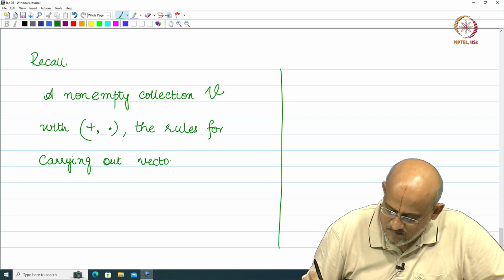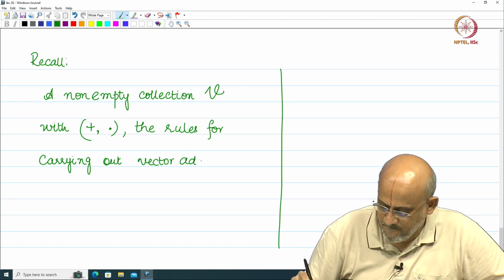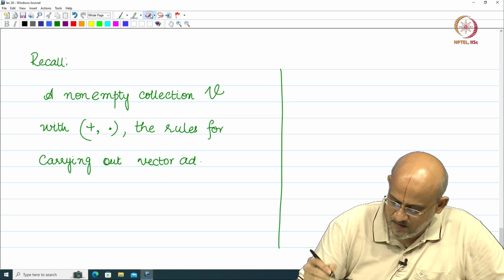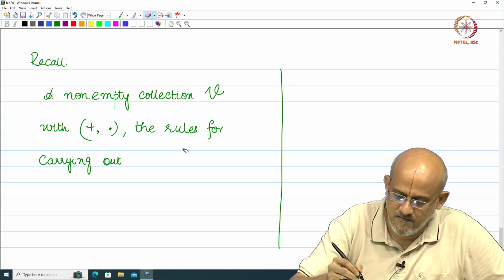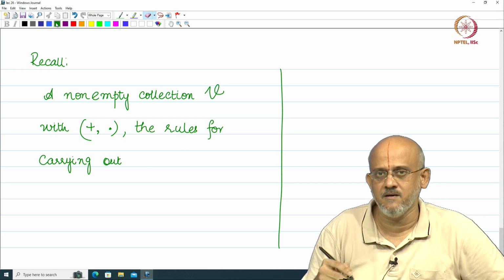Vector addition, basically the rules for carrying out addition of 2 elements of V, and then we put that element of V as a vector.